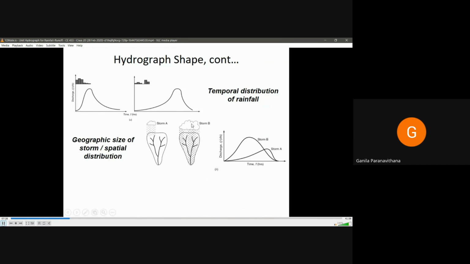Because what storm B does when the water's falling over the entire watershed is that the channel is becoming wet with the flow. Let me just point on the whiteboard here. The flow that gets into the channel from here wets this segment of the stream, so that when all of the watershed is finally contributing, when the time of concentration has occurred and the entire watershed is contributing to flow, all of the stream has been wet in advance of that.